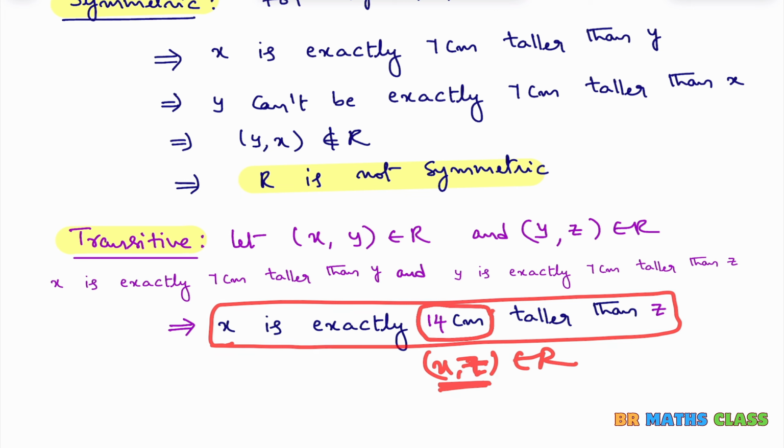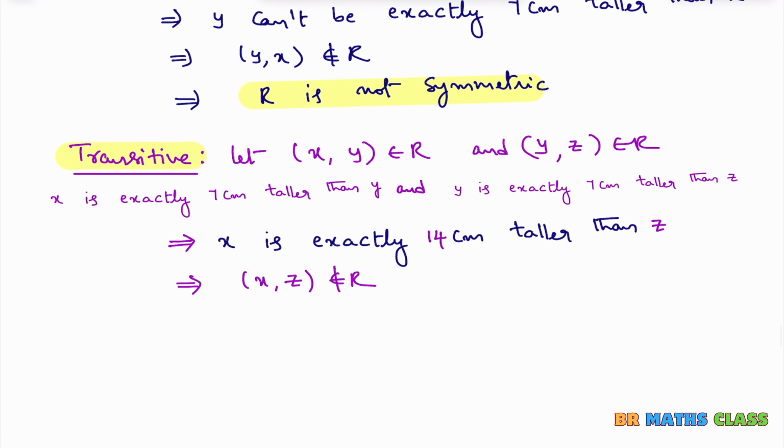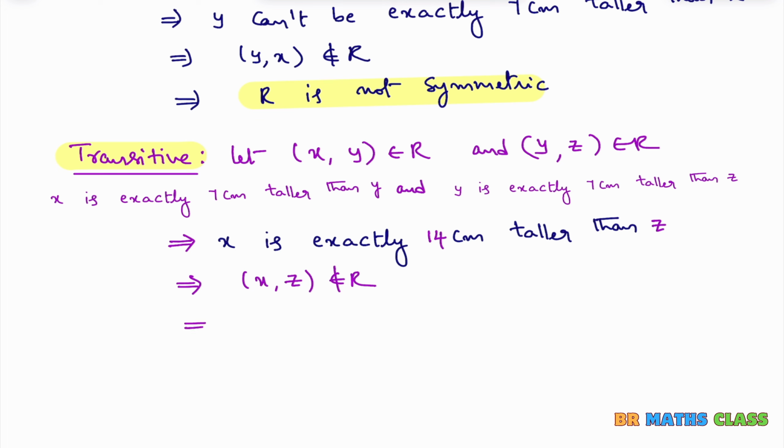That means the ordered pair (x, z) does not belong to the relation. So for (x, y) belongs to R and (y, z) belongs to R, we came to know that the ordered pair (x, z) does not belong to the relation. From this we can say that the relation R is not transitive.